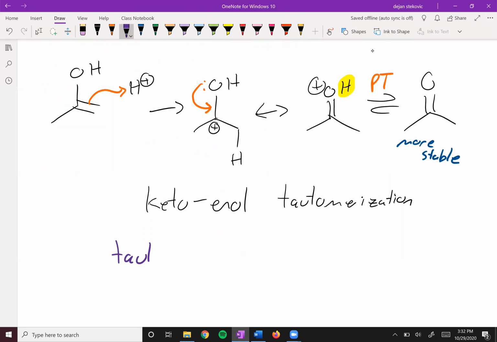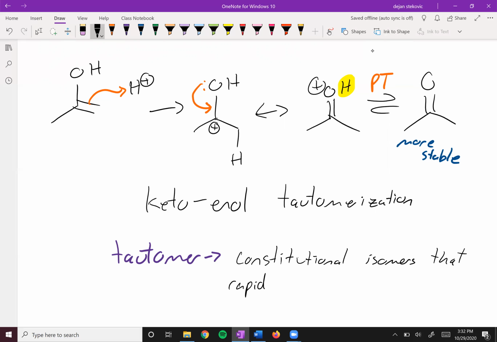A tautomer is one of our constitutional isomers that rapidly interconvert through proton migration.